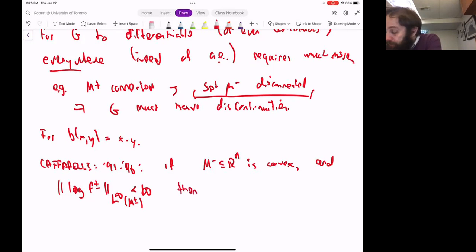Then G equals du is Hölder continuous, let's say locally Hölder in the interior of M plus.